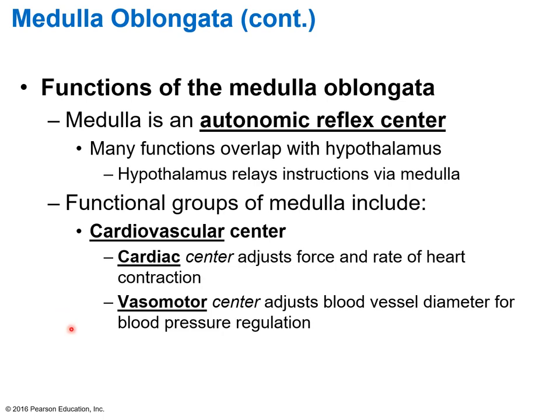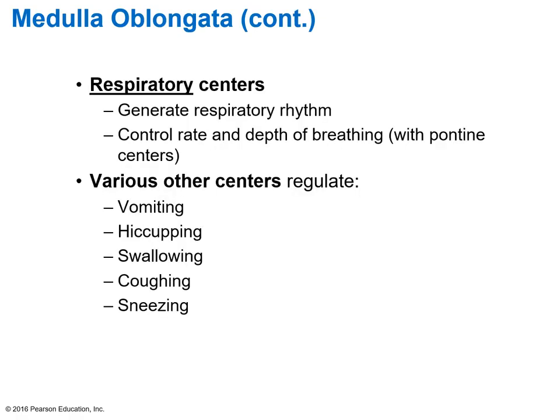It can adjust blood vessel diameter, which is going to play a role in adjusting the blood pressure. It has respiratory centers where it's helping to generate the rhythm for your breathing, controlling the rate and the depth of the breathing. It can also control other things such as vomiting, hiccuping, swallowing, sneezing, coughing.